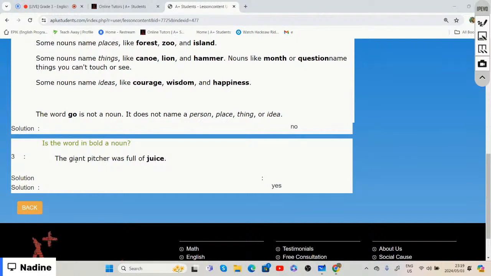The giant pitcher was full of juice. Is the word juice a noun? Yes or no? So juice, is juice a noun?